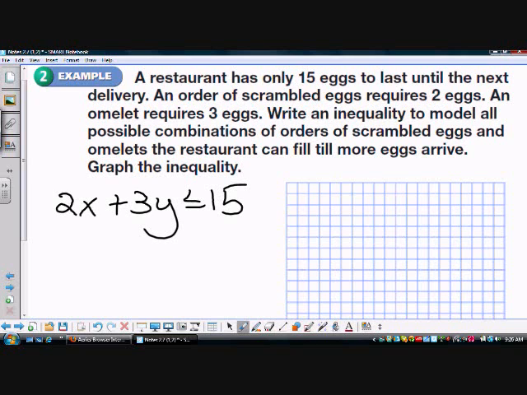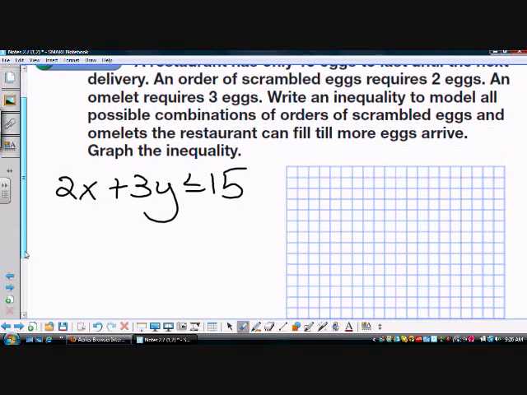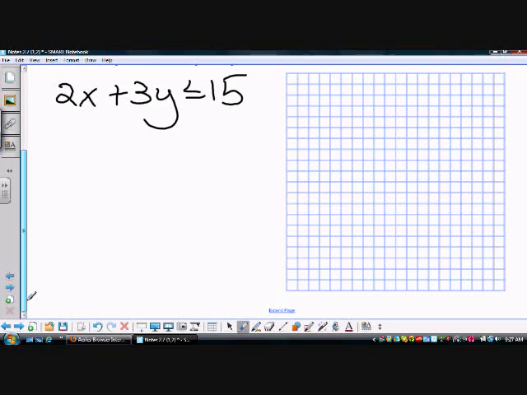X is the number of orders of scrambled eggs. That's what's going to vary here, how many scrambled egg orders we do. So I'm going to put scrambled here on the x-axis. Okay, what is y? Omelets. So the omelets are my other variable.